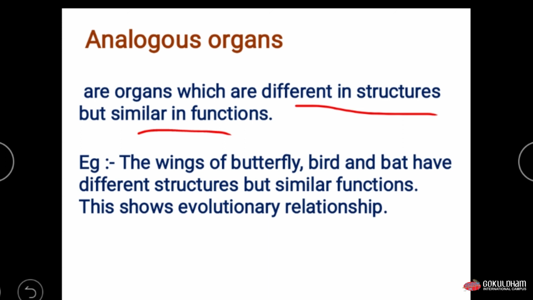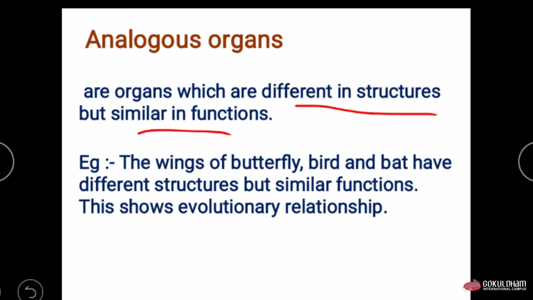For example, wings of butterfly and wings of bat and other birds. It shows the evolutionary relationship between them, that wings of butterfly and wings of bat are structurally different but used for a similar function of flying.